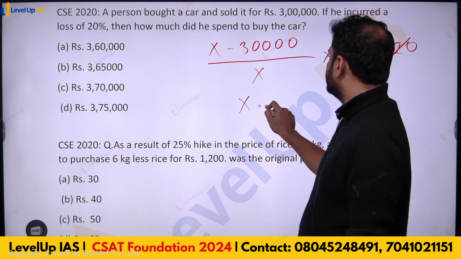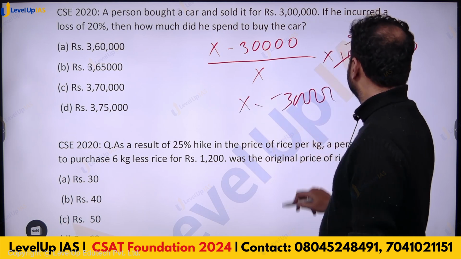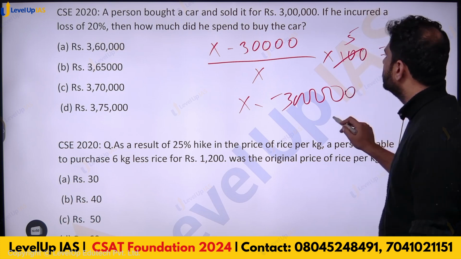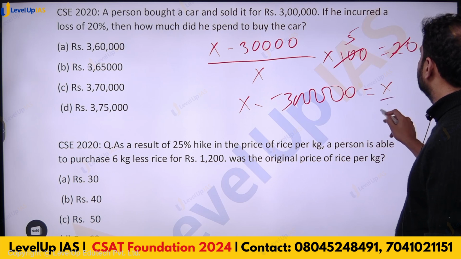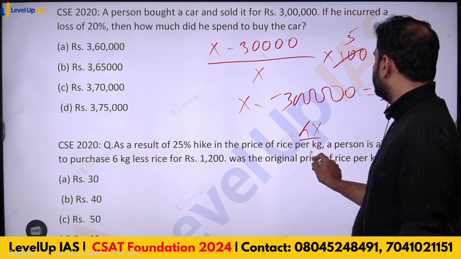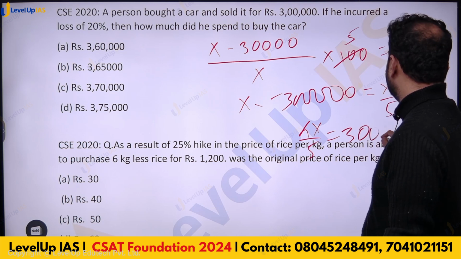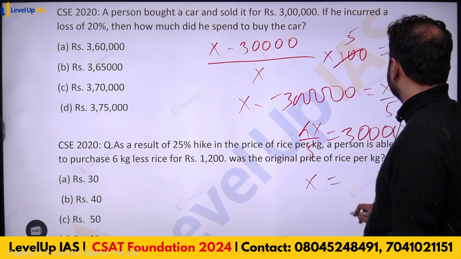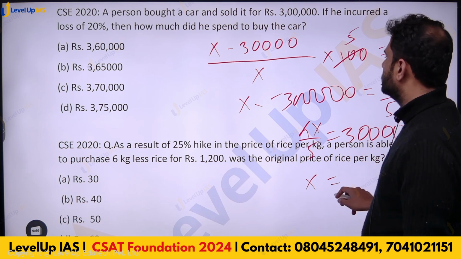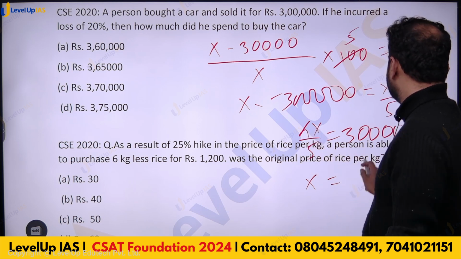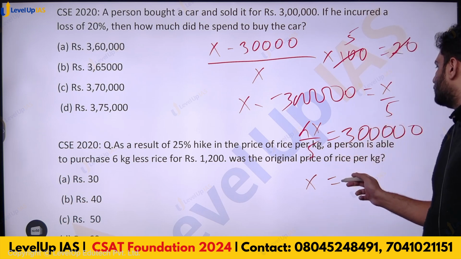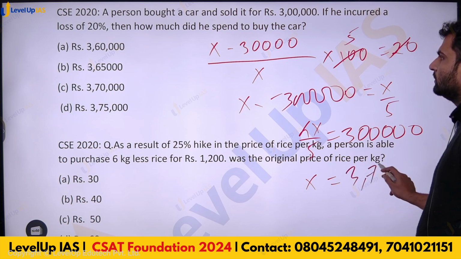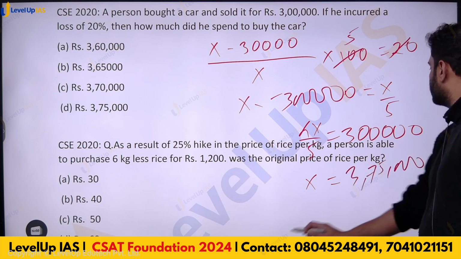We can solve this: X minus 3 lakh is equal to X by 5. So 4X by 5 is equal to 3 lakh. X is equal to 3 lakh into 5 by 4, which is equal to 75,000 into 5, which is 3 lakh 75,000.